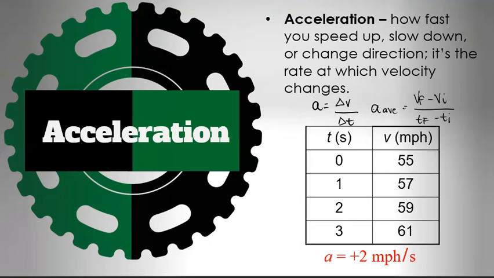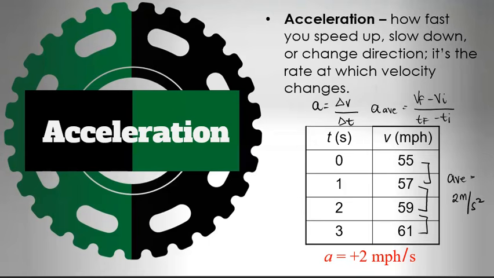For this table, when we are getting the acceleration, we subtract 57 and 55, divided by 1, so it is 2. Same from T0 until T3, we have an average change in velocity, which is 2 meters per second squared.